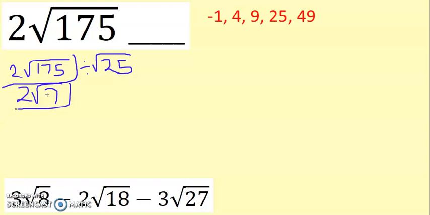There's nothing else we could take out. So the square root of 25 is 5, and this is our leftover. So we have 5 times 2 times the square root of 7. That's 10 square root of 7.